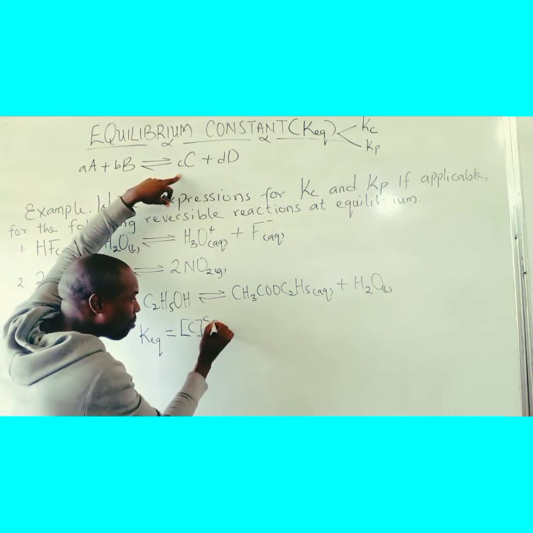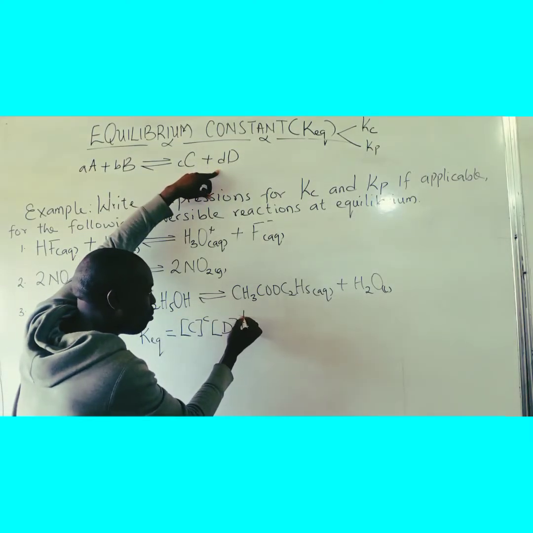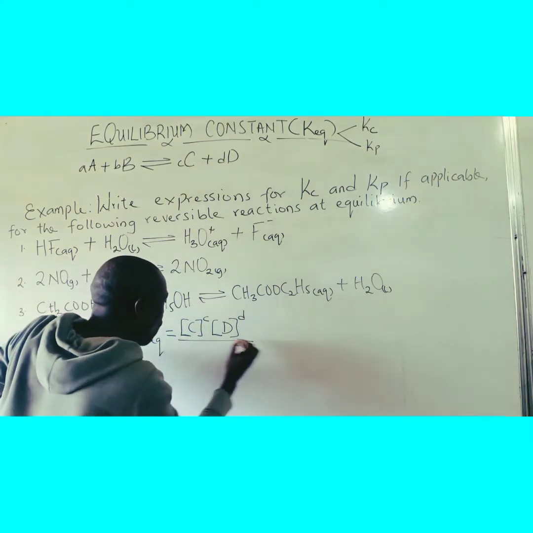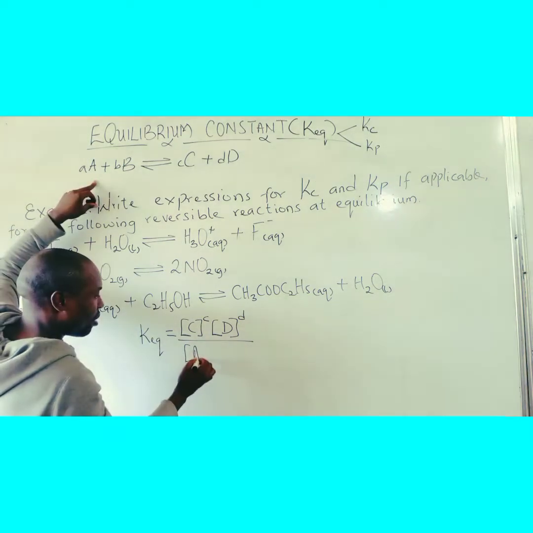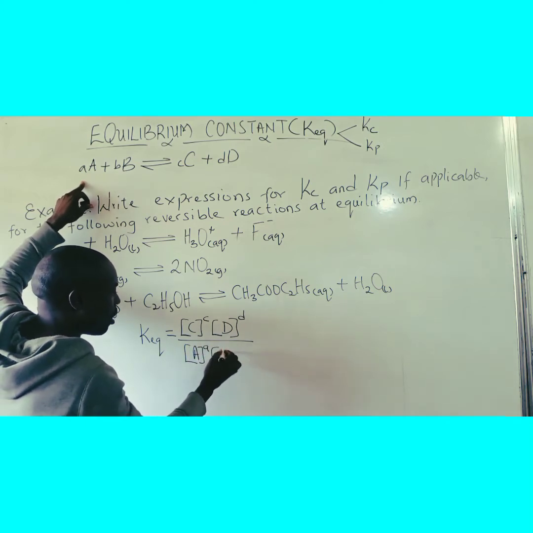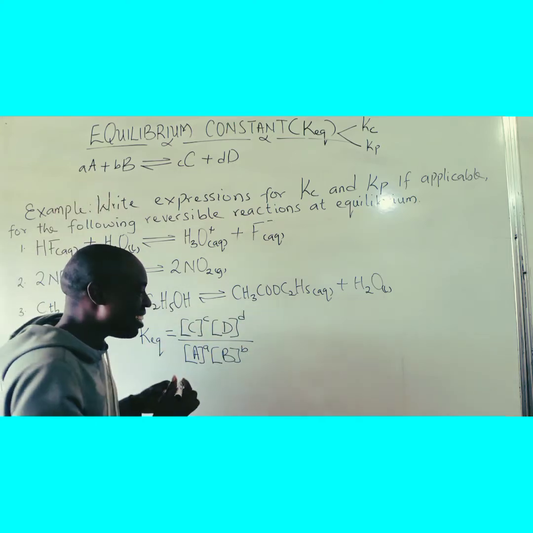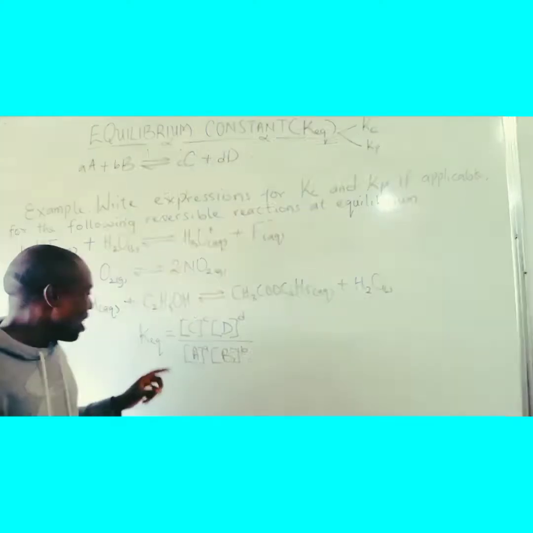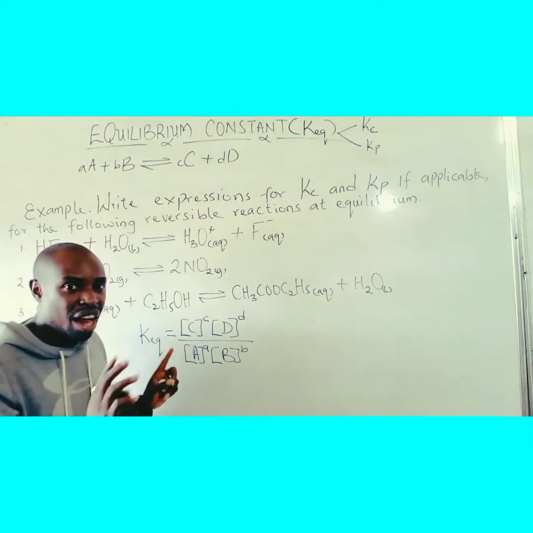The product now of the D to its stoichiometric coefficient, over the reverse here, which is A to that of the small a, times B to that of the small b. That is how to represent an equilibrium constant for a given reaction.